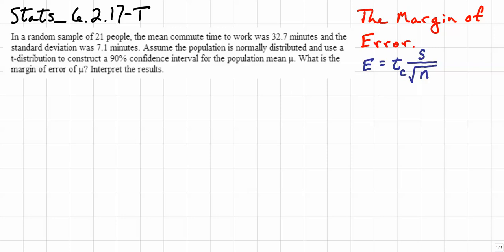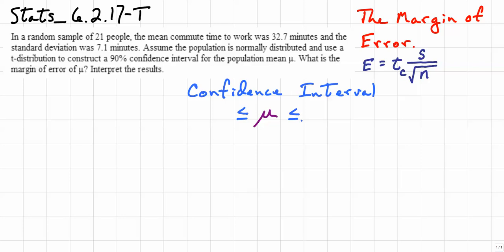The confidence interval, on the other hand, is going to use that error, and it'll look like this. We're going to take the population mean mu, and on either side we're going to either add the margin of error to our x bar, our sample mean, or subtract it.